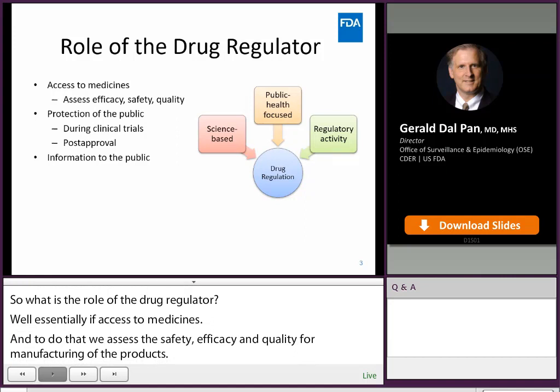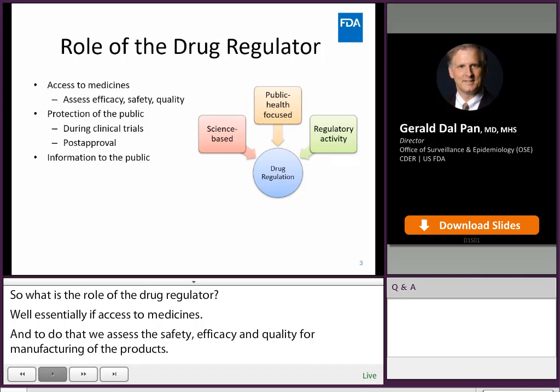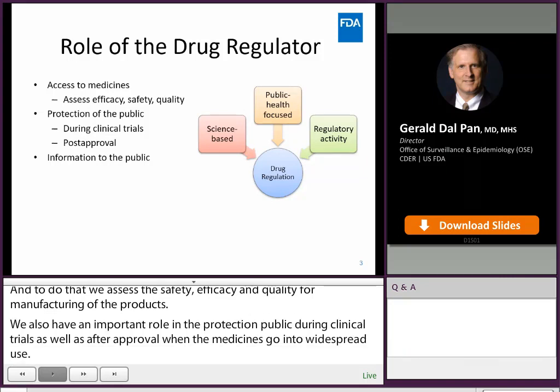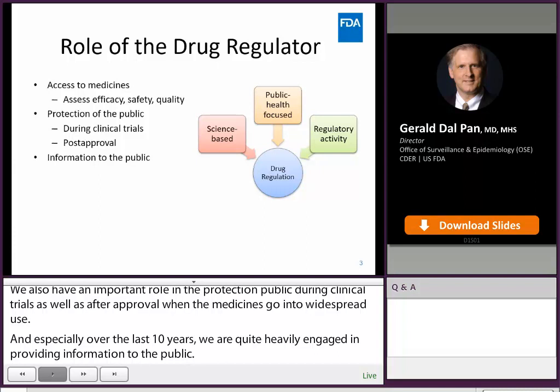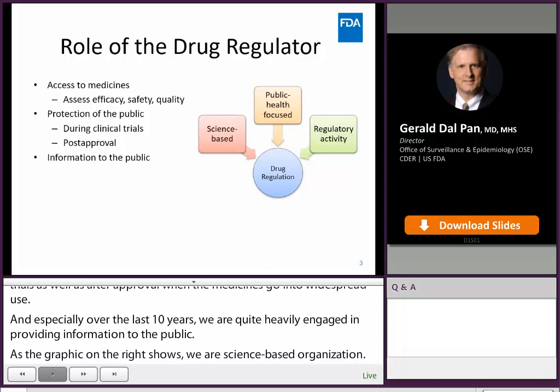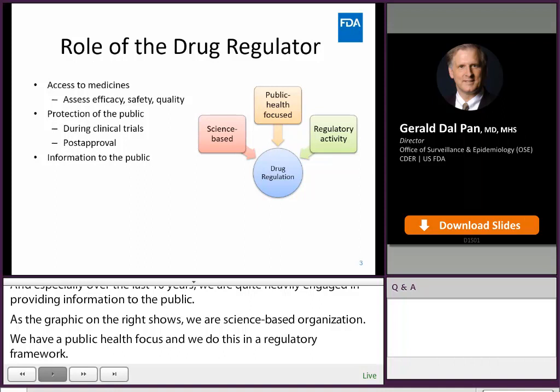And especially over the last 10 years, we're quite heavily engaged in providing information to the public. As the graphic on the right shows, we're a science-based organization, we have a public health focus, and we do this in a regulatory framework. And those three aspects of our work converge to form the basis of our drug regulation.